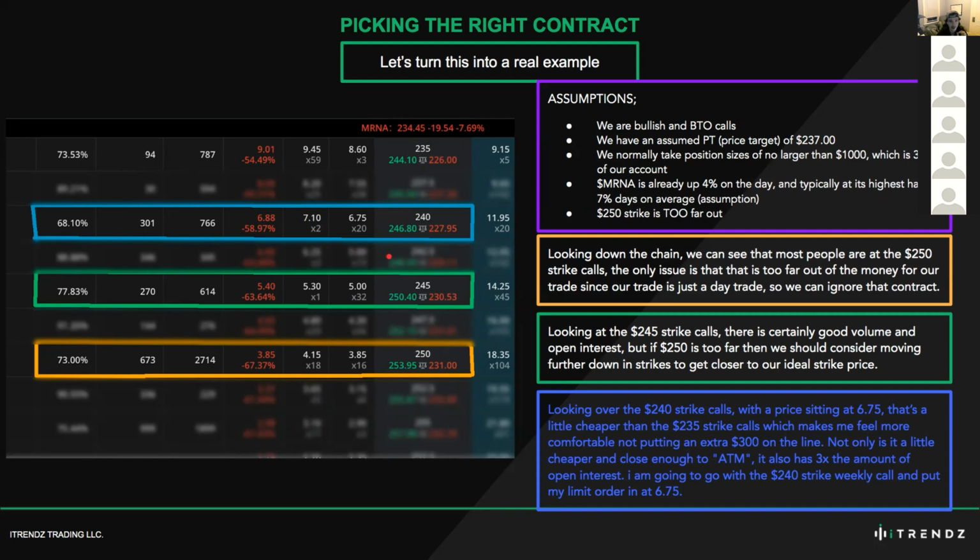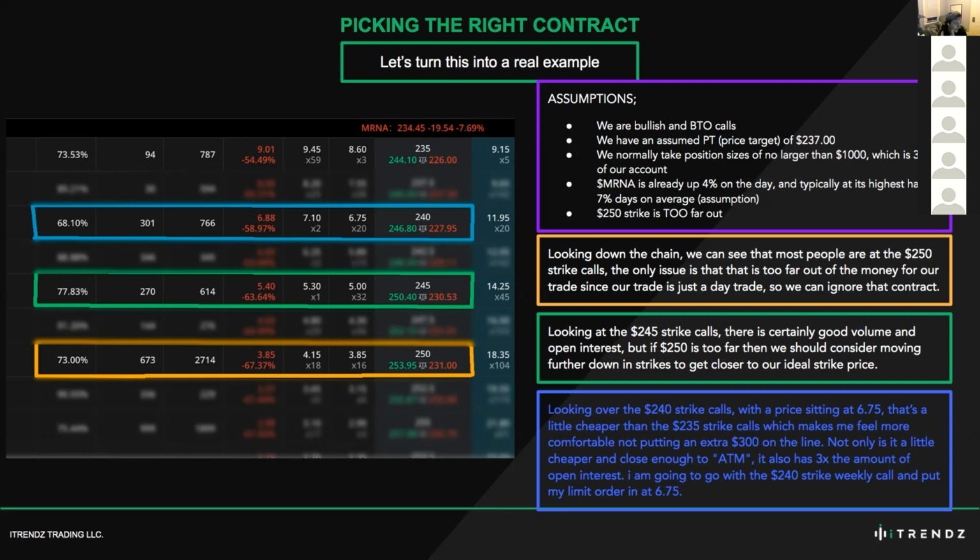With a $5,000 account, I'm okay risking 10% of my account on this trade with how bullish my sentiment is on here. And I know that $10 out of the money isn't too far out of the money for me to be putting myself at too much risk for the actual movement in the stock.